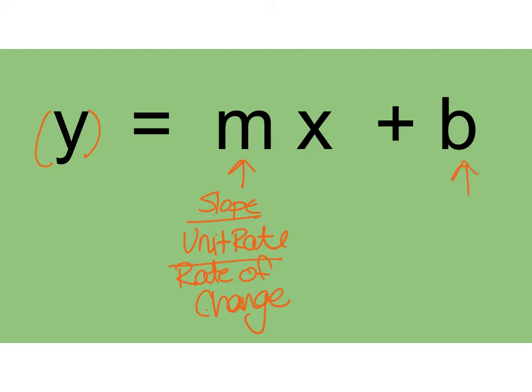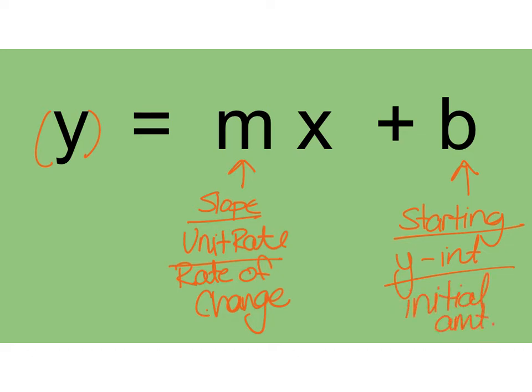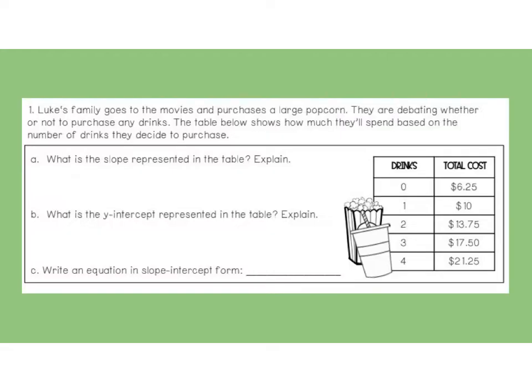Remember B, this is your starting point. This is your y-intercept. This is like an initial amount, and we'll talk about that here in just a second. But the y-intercept is your starting point, is your initial value.